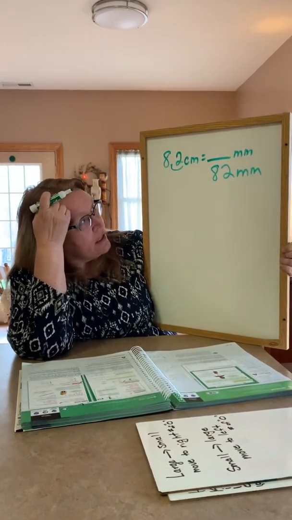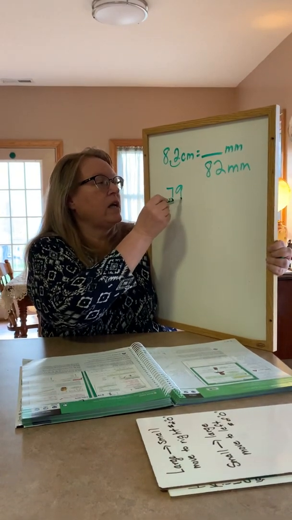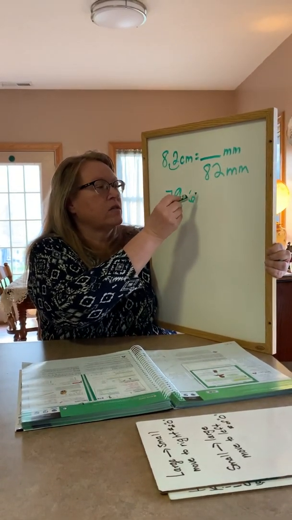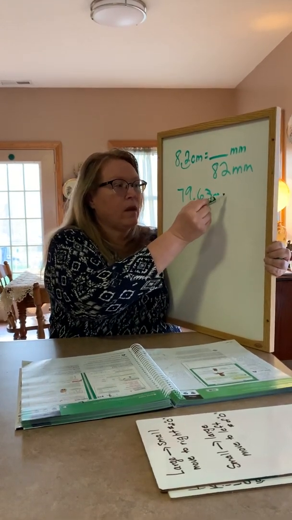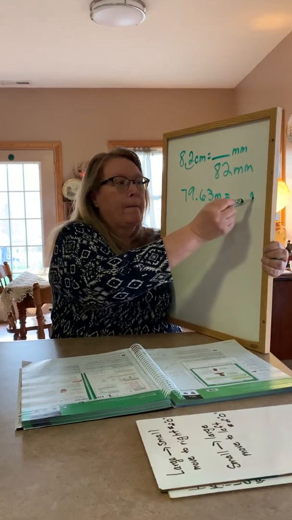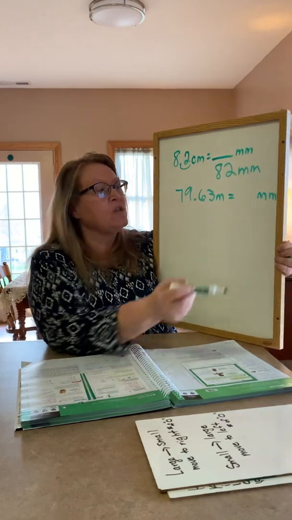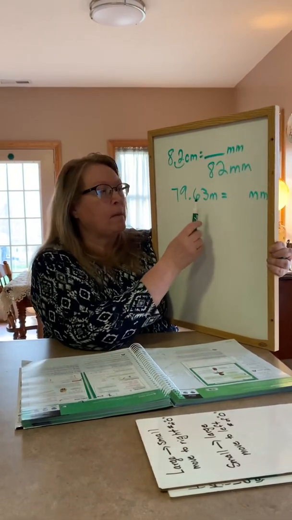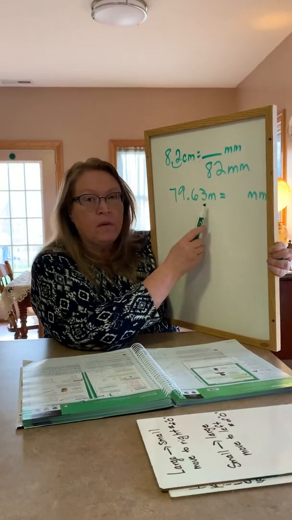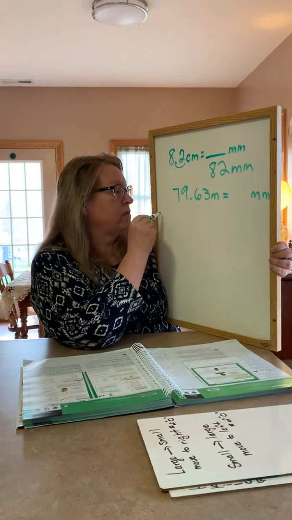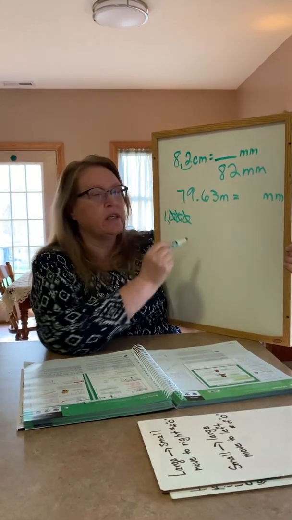Okay? If I had 79.63 meters, and I was going to millimeters, okay? There's 1,000 millimeters in every meter. So 1,000 has 3 zeros.